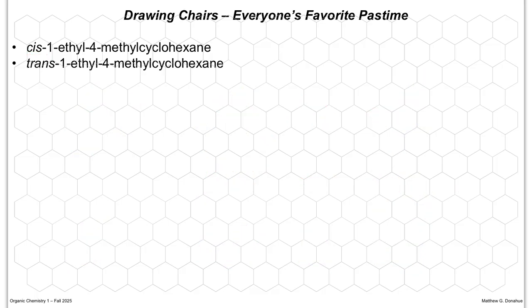So now we'll do the 1,4. We'll start with the cis. So 1 ethyl, 4 methyl.